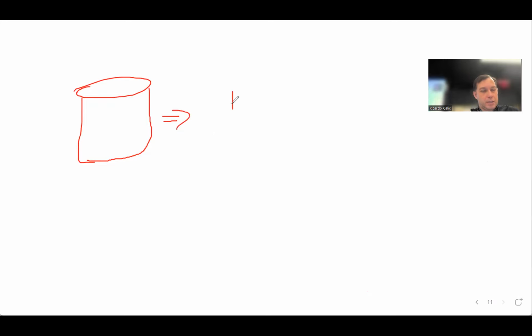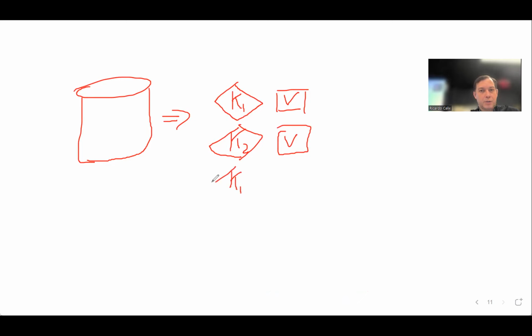And you're going to create key 1 and a value for that key 1, and then key 2 and its corresponding value. Then you might have another key 1. So notice now you have two of the same key, each with its own value, right? And then all the way to kn and its corresponding value.